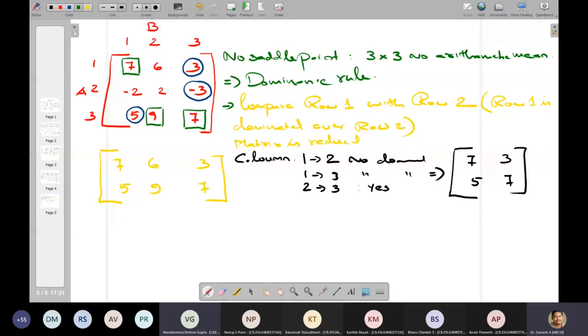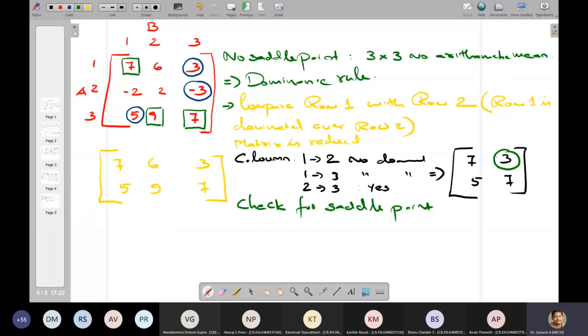Before that, when it is reduced to a 2 by 2, again check for saddle point. That is important. The row minimum here is 3, and in the second row the minimum is 5.